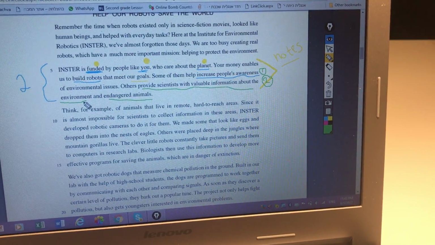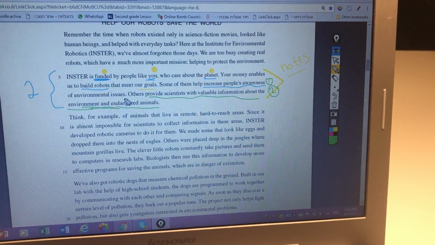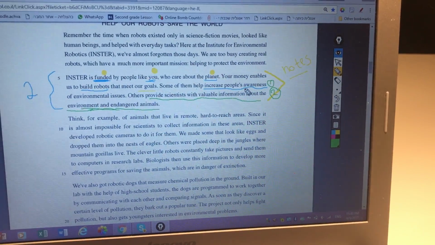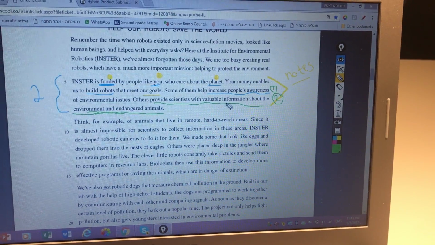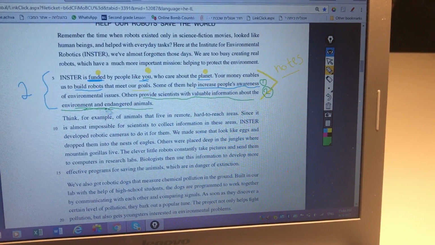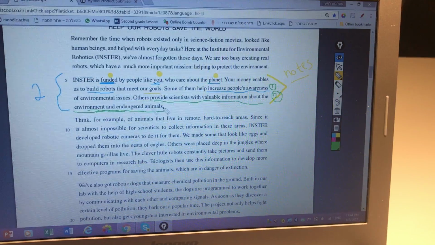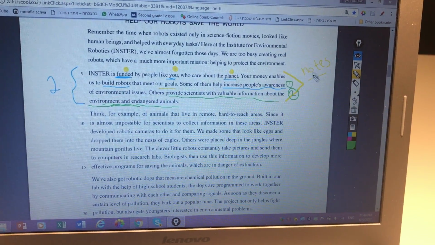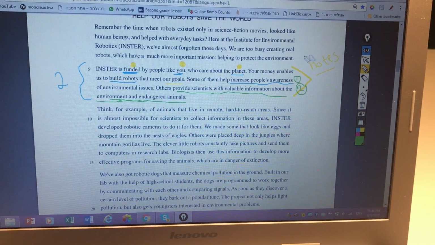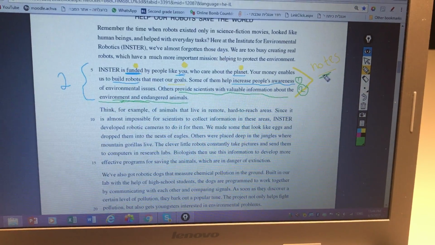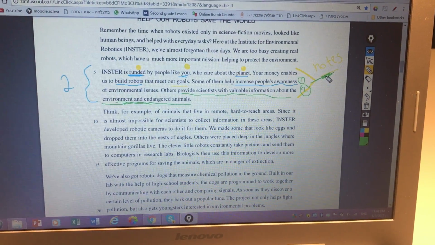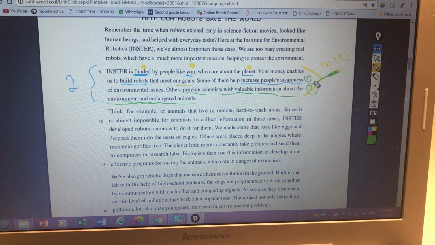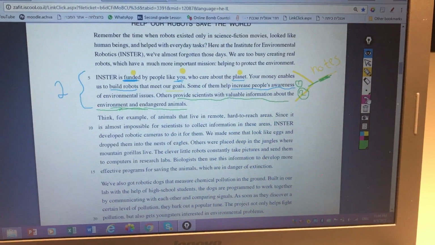So all this would be two things that they do. They increase people's awareness, and they provide information about the environment and endangered animals. What you do is take this information and write your notes here. It can be in your native language, it's fine, as long as you understand what the text is about.